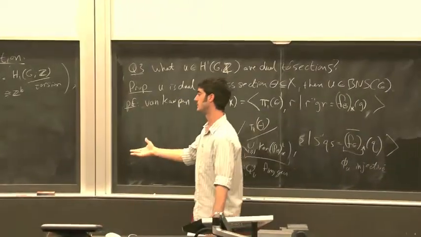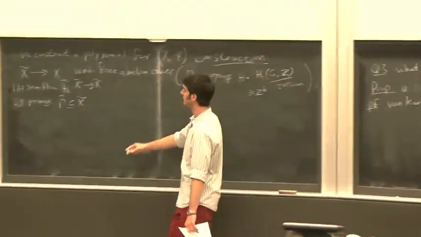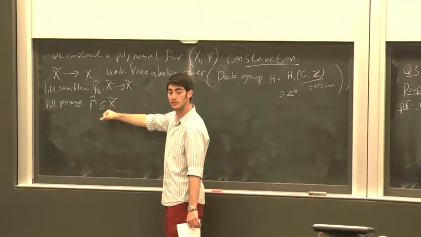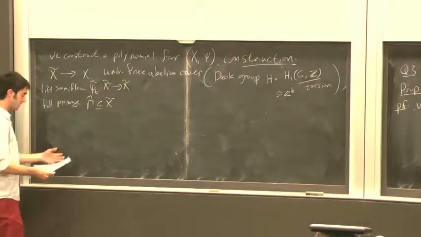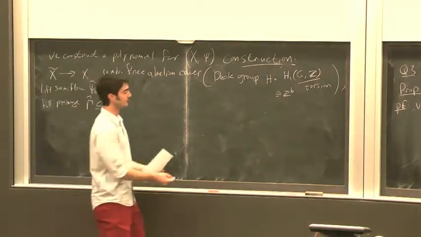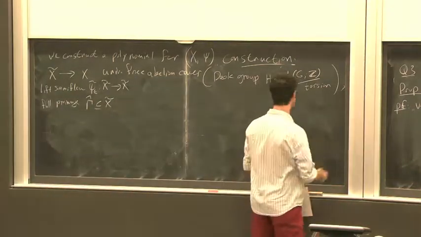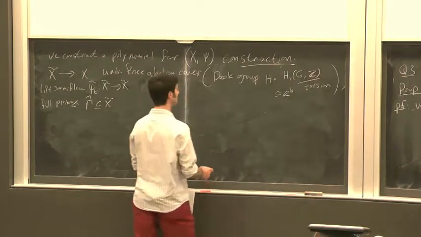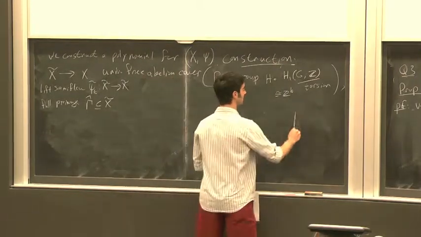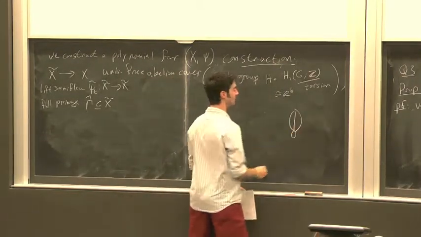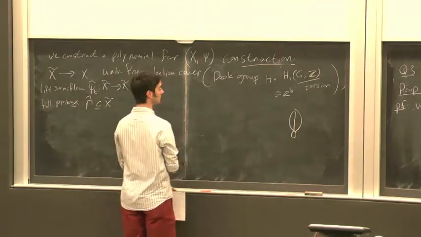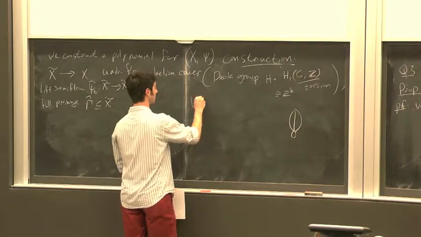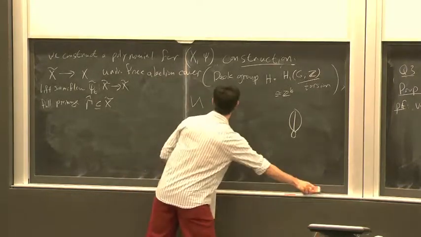I could view gamma as sitting inside there, like the zero level set, and I just take the pre-image of this graph. So that's going to be some graph sitting here. Maybe I can try to draw you a picture of that. For this example, which I unfortunately erased, but maybe you can remember, it looks something like this. I turned my head sideways now. So that's what it looked like. And the free abelian cover looks kind of like this, a little bigger.